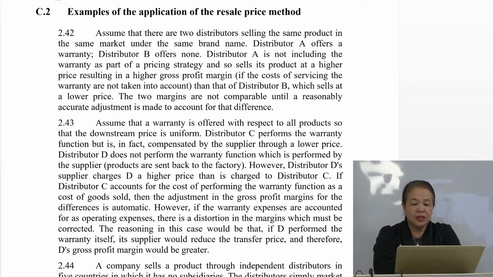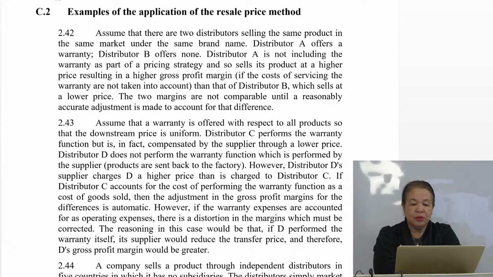So if the cost of servicing the warranty is not taken into account, then that of distributor B, which sells at a lower price, the two margins are not comparable until a reasonably accurate adjustment is made to account for that difference. And what is that difference? That is the warranty, because distributor A is not including the warranty, while distributor B includes the warranty.